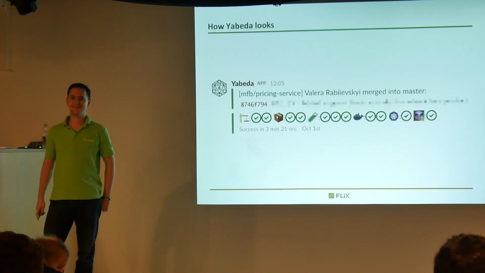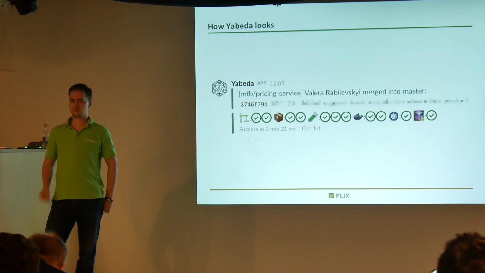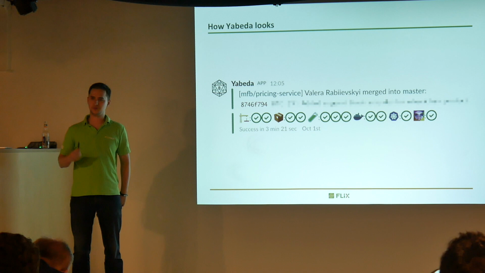So when is Yabida being triggered, or from which system is it being triggered? It's not on every stage of the CI. It's one job in the CI pipeline, and I recommend to put it in the first stage.